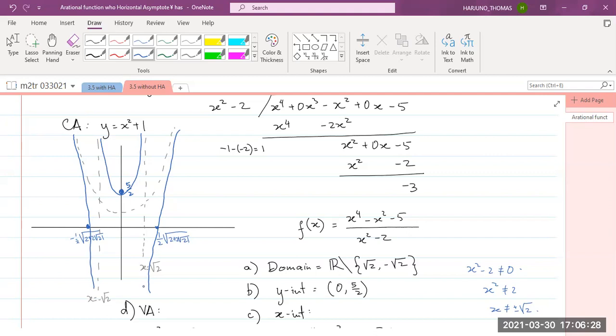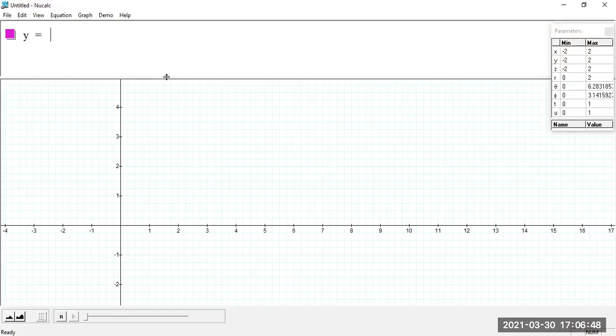Now let's use graphing software to see this better. I know I did it right, but in case you want to see what the shape looks like, let's take a look. So y equals x to the fourth minus x squared minus 5, all divided by x squared minus 2.